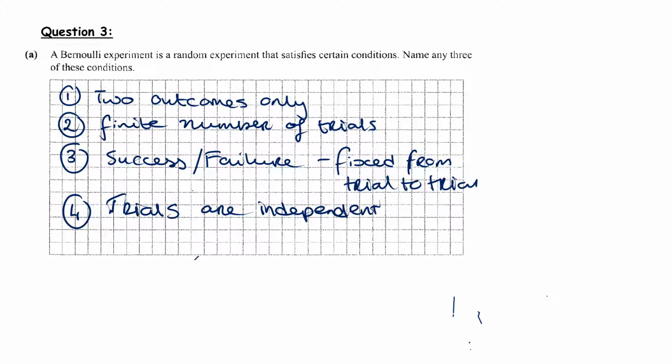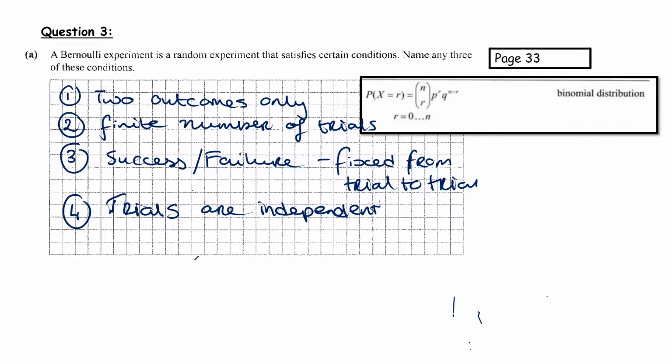Now, just for your own benefit, on page 33 of your log tables, this is where we get our Bernoulli trial.